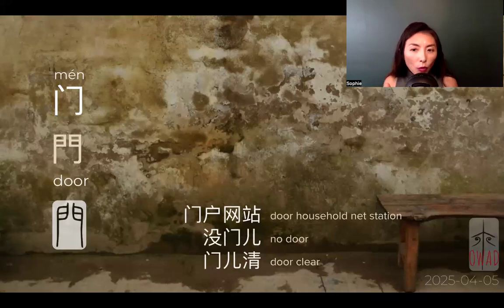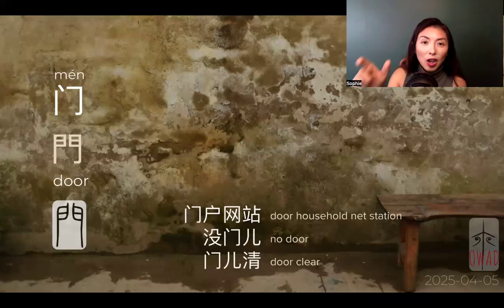So door and household. 网站 is website, but Chinese use 网, this net, the fishing net, or net to capture, a trapping net, to use as the internet, as a digital net. And 站 is the station, like a bus station. So we use net station as website, as if you have your own domain. It's like a station, a stopping point for you, but it's connected to this whole network out there. So 门户, we use that in the sense of the entry point.